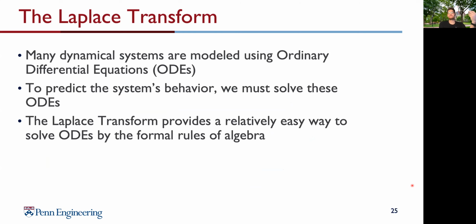To predict the system's behavior, we must solve these ODEs. The Laplace transform provides a relatively easy way to solve ODEs by the formal rules of algebra, which means we're transferring derivative terms to simple polynomials, which we can calculate very easily.